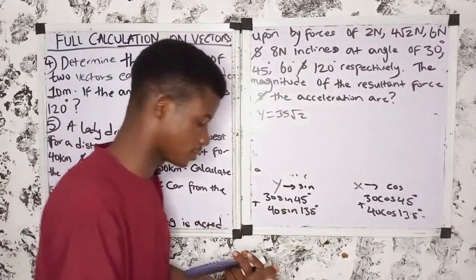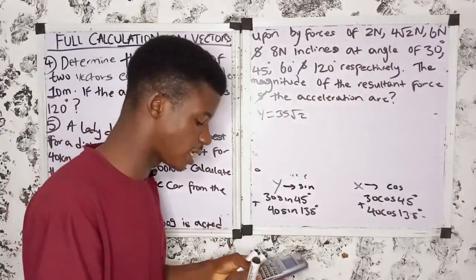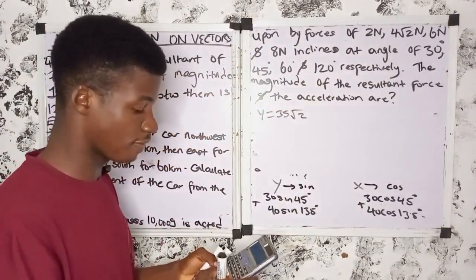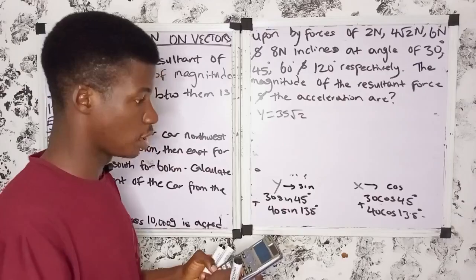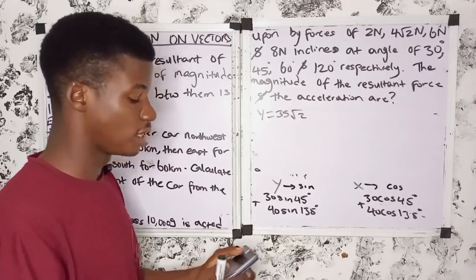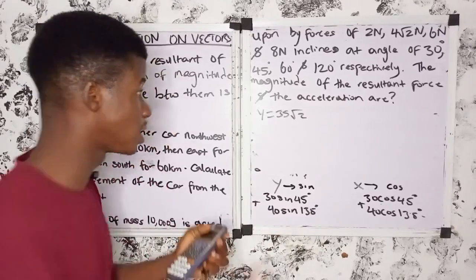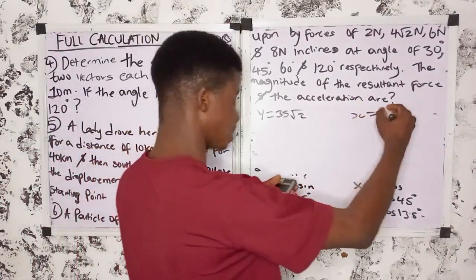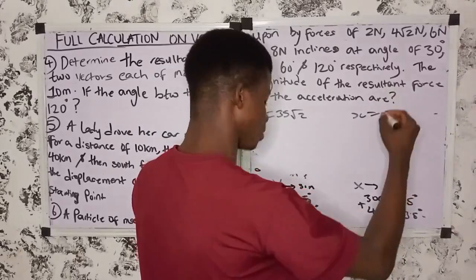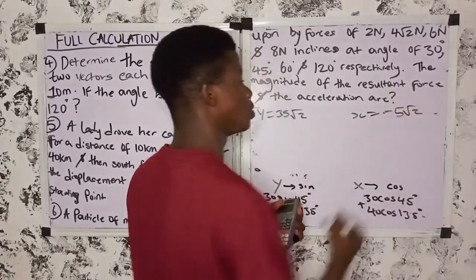Now let's add the x. 30 cos 45 degrees, then plus 40 cos 135 degrees. If we add it, our x is equal to minus 5 root 2.